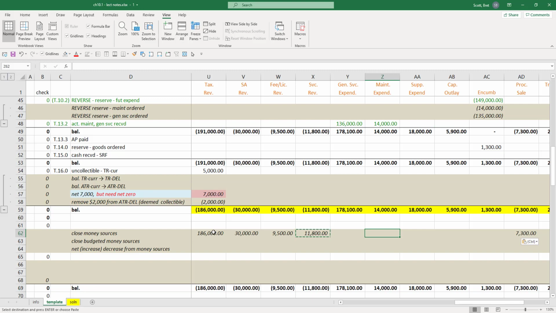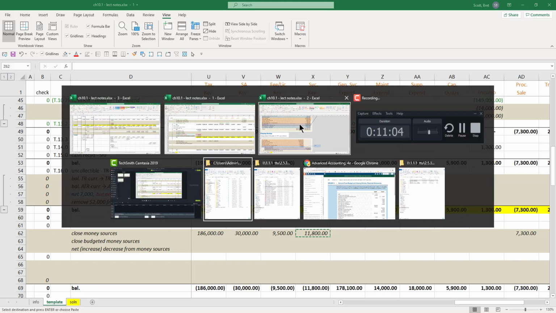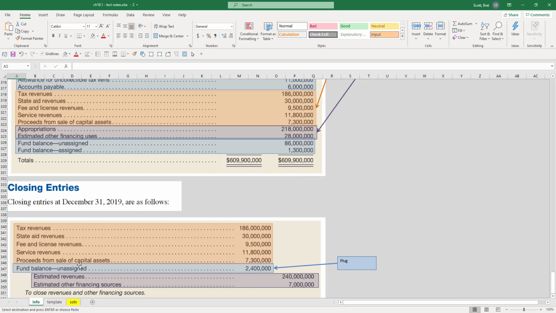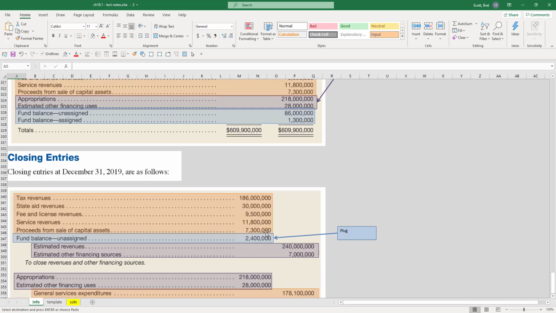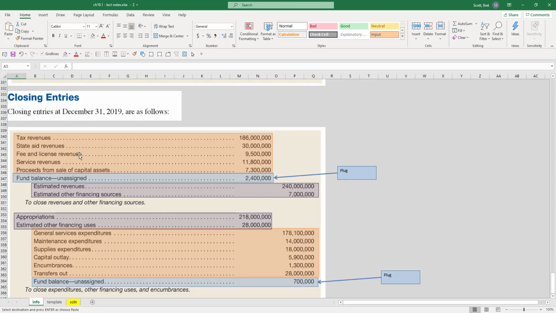What we did initially was set up budgeted balances for those. The estimated revenues and the estimated other financing sources, recall that we initially put those in as debits. Well, down below, when we debit away the actual revenue items, we're going to credit away all the budgeted items.